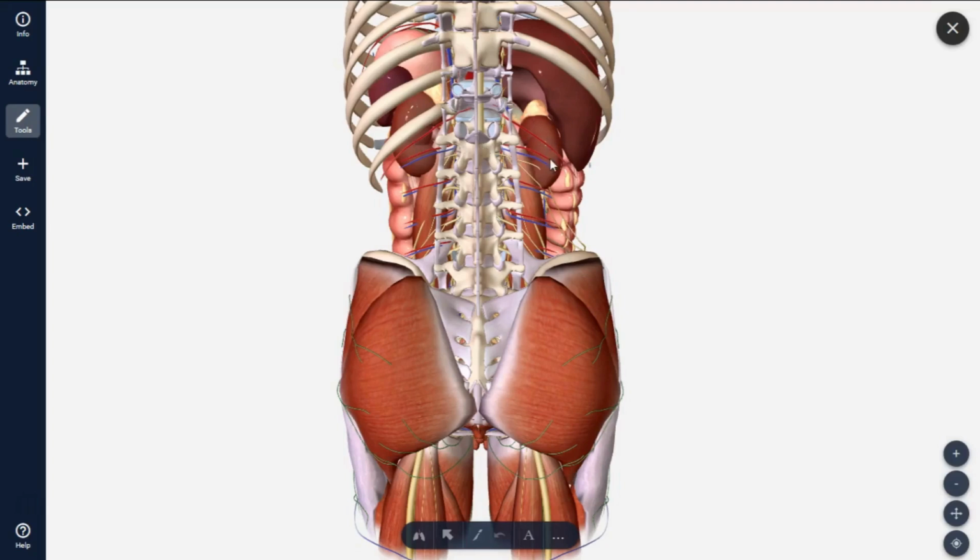Now talking about the kidney's placement, the major factors responsible for the placement of these kidneys in the posterior abdominal wall: first thing is the pressure given by the neighboring organs. We can make out the organs present over here, and all these organs are responsible for maintaining the pressure over the kidneys to hold them in proper position.